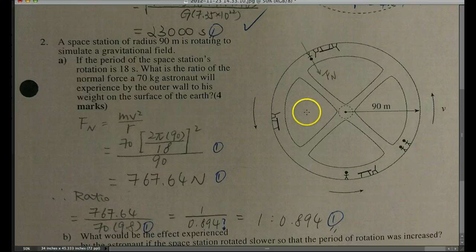It's in the space station, so you shouldn't consider another gravity force acting on it. So in this case, for example, the free body diagram here means this person is experiencing a normal force from the outer wall. And do you have a gravity going down this way?